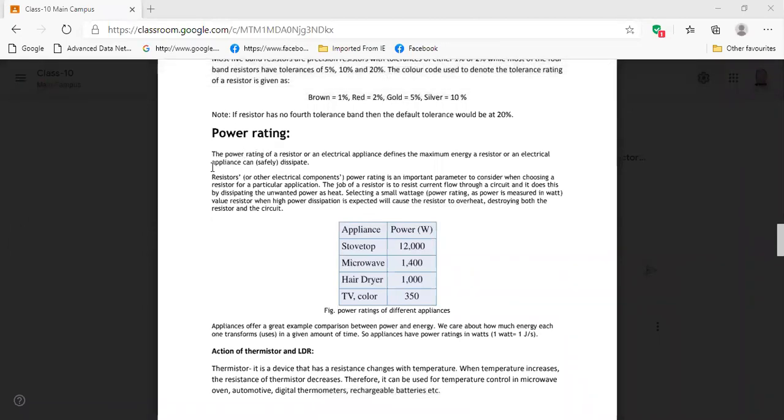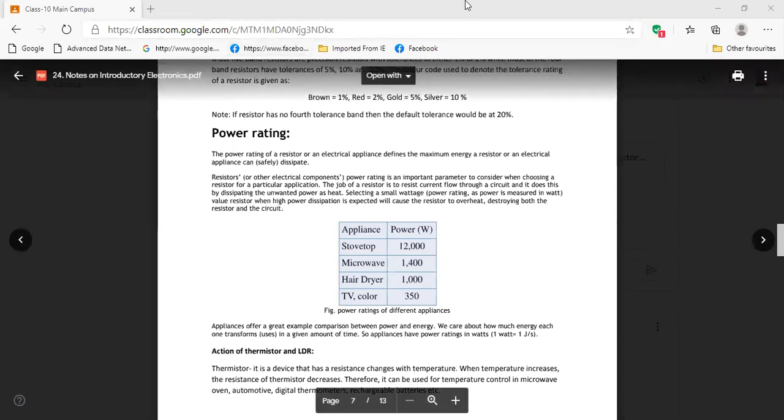Then you write this part. Normally, we say power rating for all the appliances. Power rating of a resistor or an electrical appliance defines the maximum energy a resistor or an electrical appliance can safely dissipate.